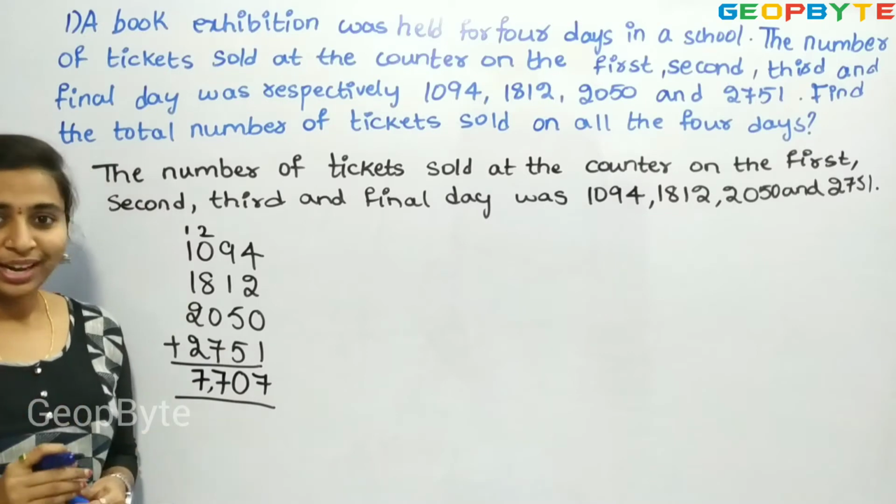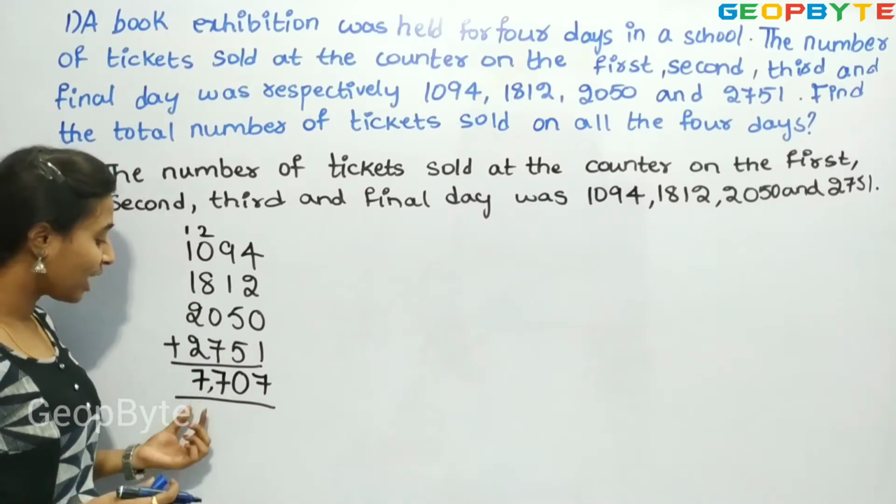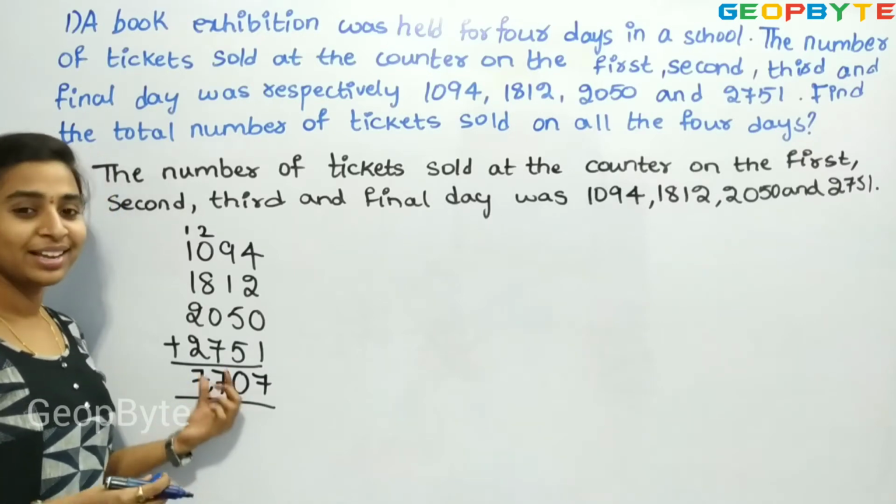So the total number of tickets sold on all the 4 days are 7707.